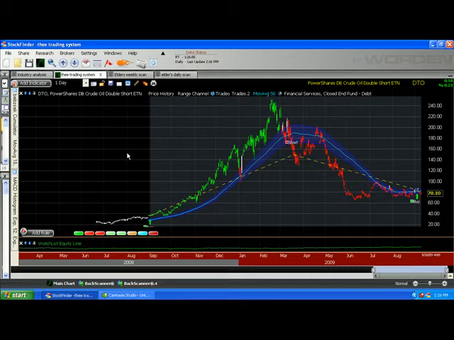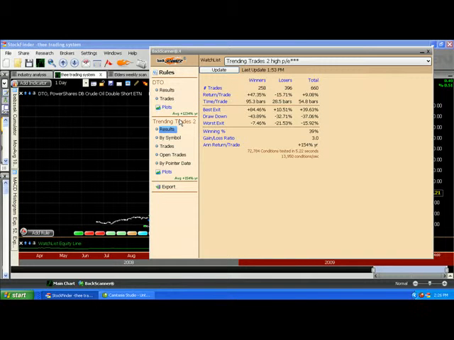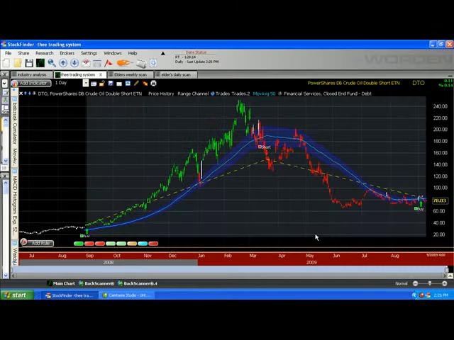If we were to look at DTO real quick, our result for trading DTO during the very short time that it's been in existence averages 1,233% a year. DTO happens to be one of the stocks in our watch list, and here's that 1 year to date trade.